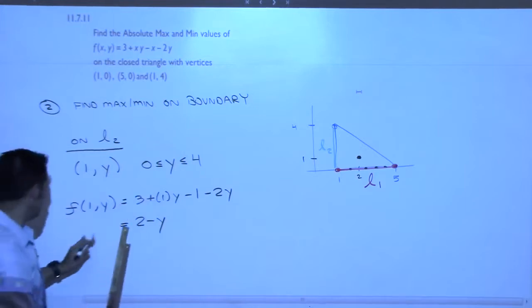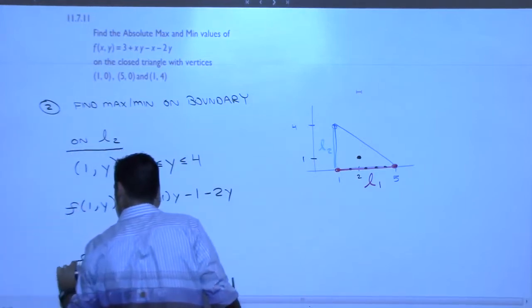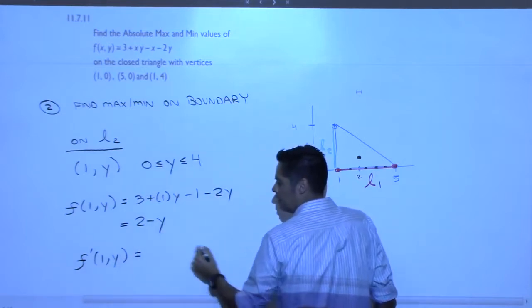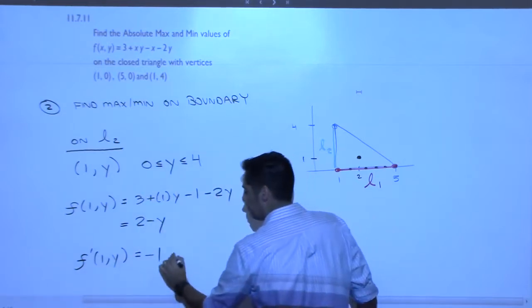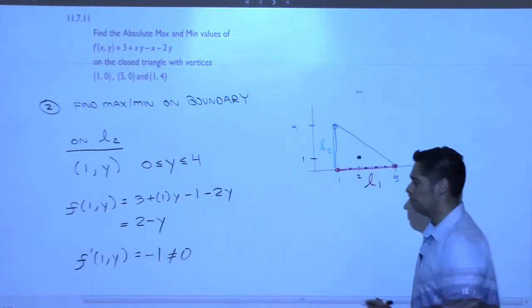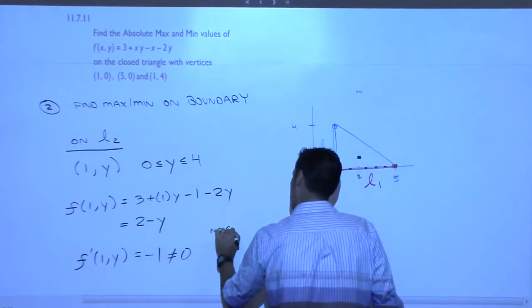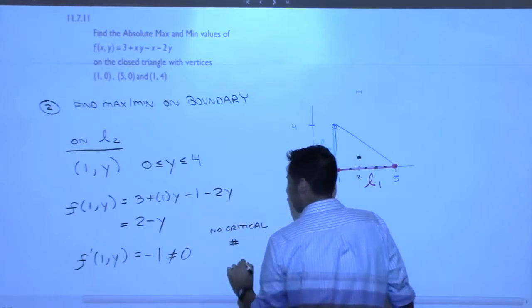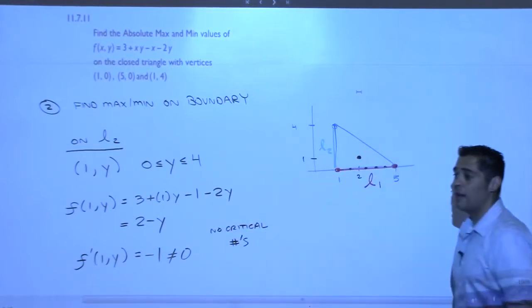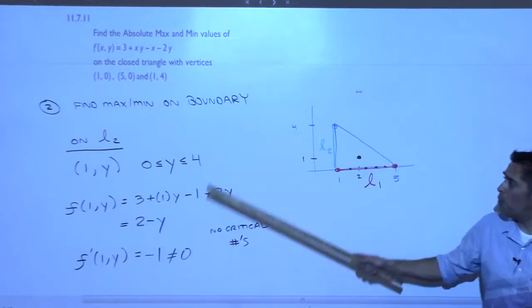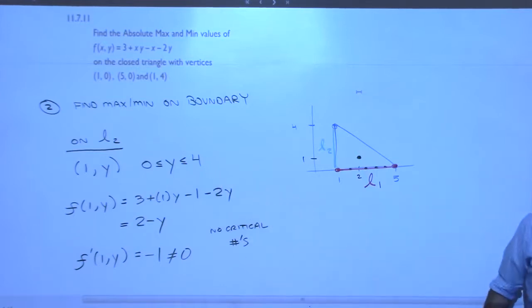So what is the derivative of this with respect to y? -1, and that's not ever 0, right? So I don't have any critical numbers there? So all I need to do now is evaluate this function at the two endpoints, 0 and 4.